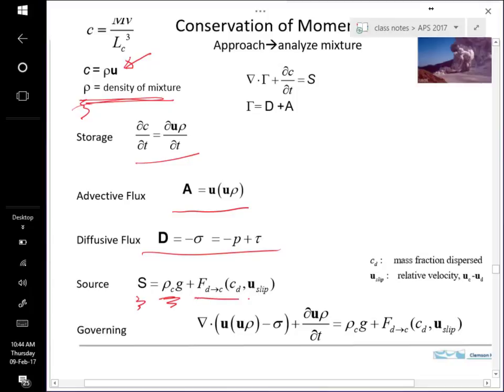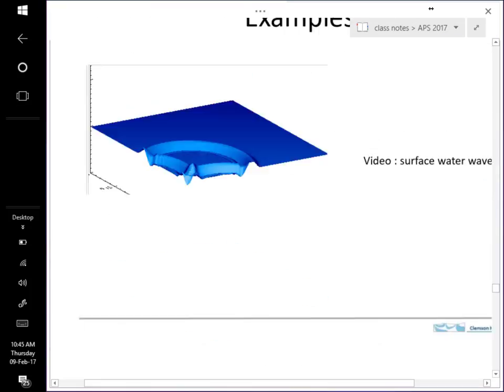And then we've got a term here that is the momentum transfer between the particle and the liquid, and that's going to depend on this slip velocity, the difference in the velocity between the fluid and the particles, as well as the mass fraction of the dispersed particles. So there are a variety of ways of dealing with that, but conceptually you can see how that's going to be important to handle the interaction between the solids and the fluids.